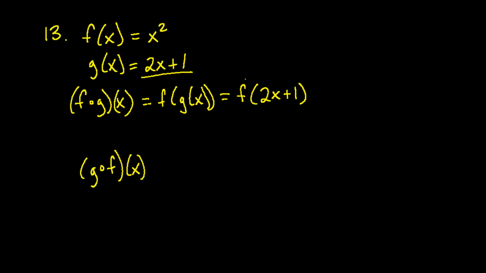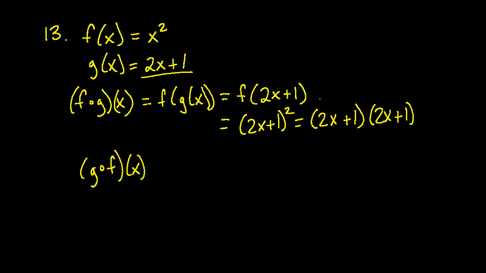Next, I look at the f function. So f of x equals x squared. That means f-ing something means to square it. So if we want to f this amount, it means we need to plug it in for x and square it. So we're going to plug in this. F of 2x plus 1 means 2x plus 1 squared, which of course is 2x plus 1 times 2x plus 1, and we can work that out and find the answer.